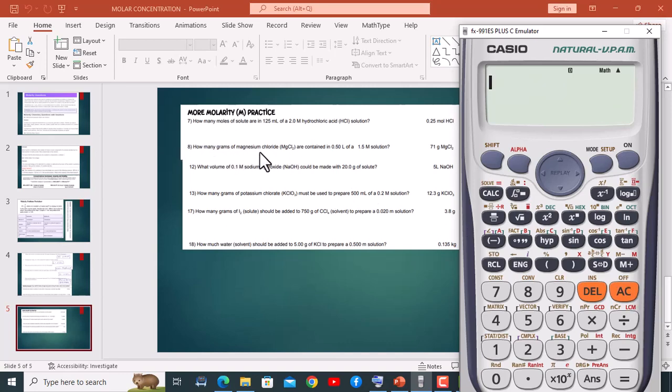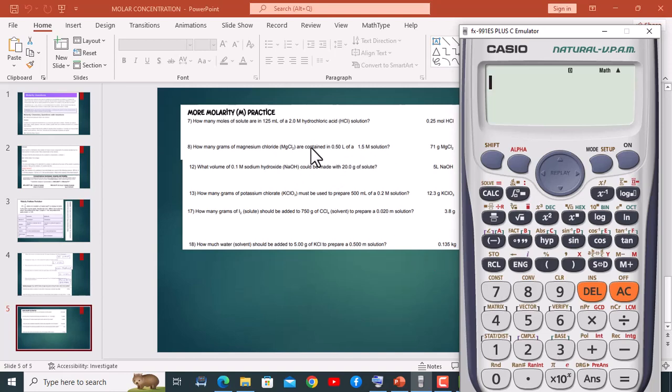How many grams of magnesium chloride are contained in 0.50 liters of this? So they are looking for mass, but we can find the number of moles first because we have the liters and we have the molar concentration. So let's find the number of moles by finding the product of the two.